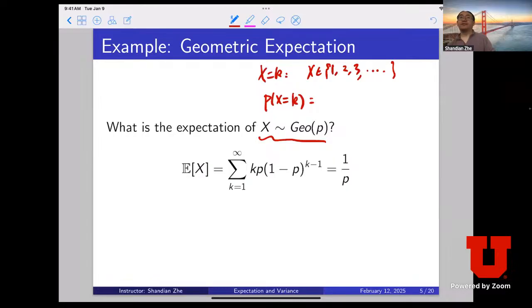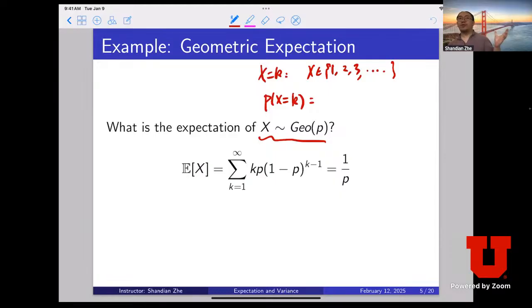Any thoughts? How do we compute the probability that your first success is at the kth trial? The critical thing is that we can't miss the first K minus 1 failures.